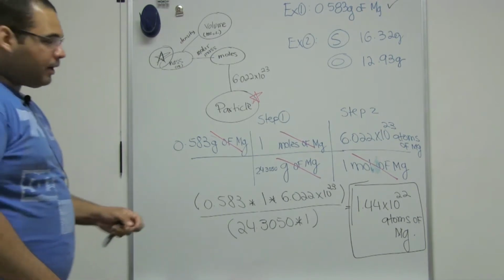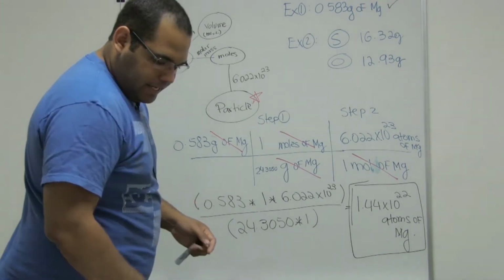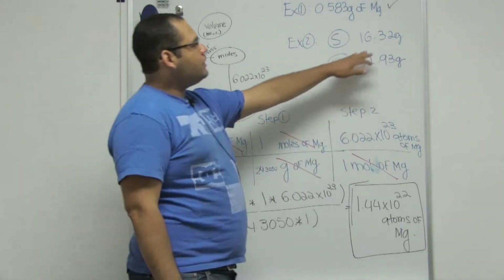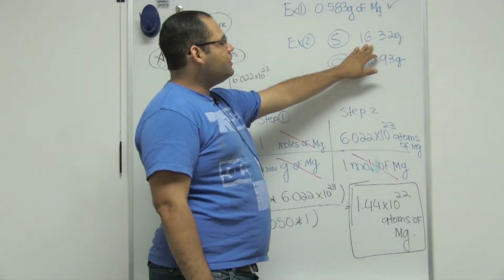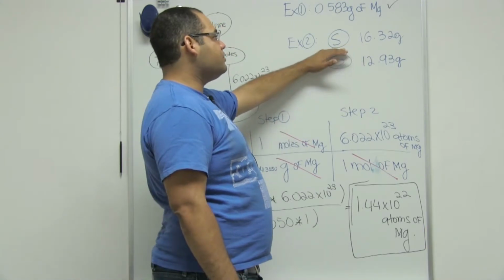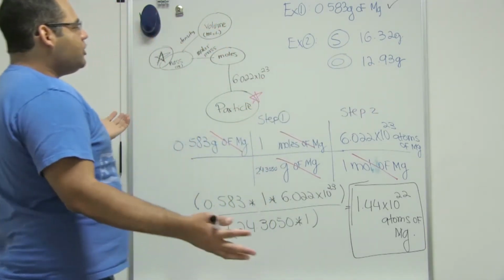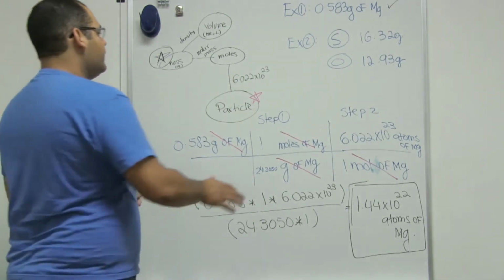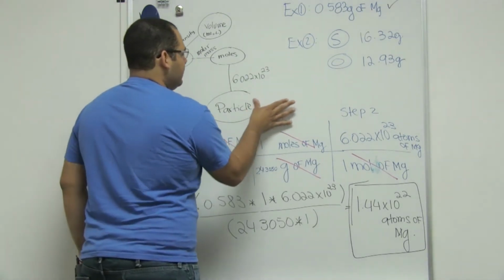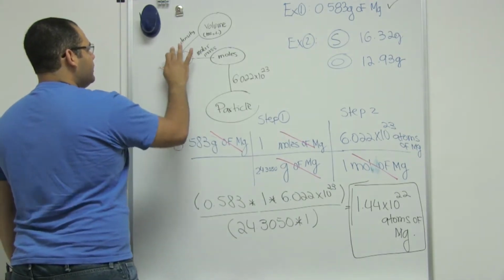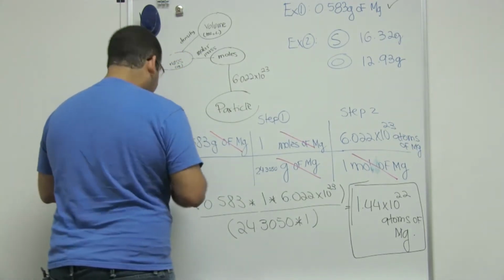Now, in problem number 2, it says which sample has more atoms: 16.32 grams of sulfur or 12.93 grams of oxygen. Basically, we're doing a comparison. So again, I need to look at my molar map and say where am I and where I'm going.